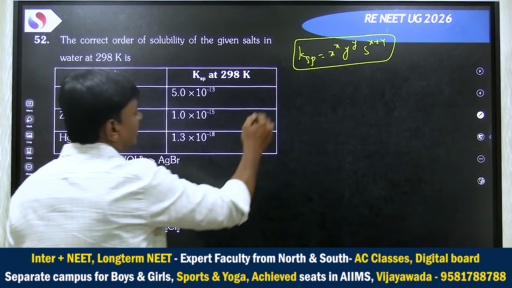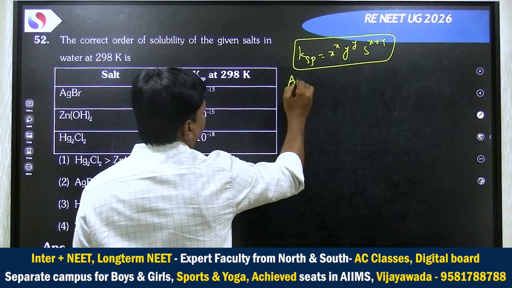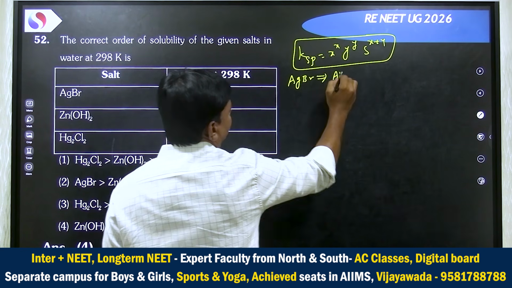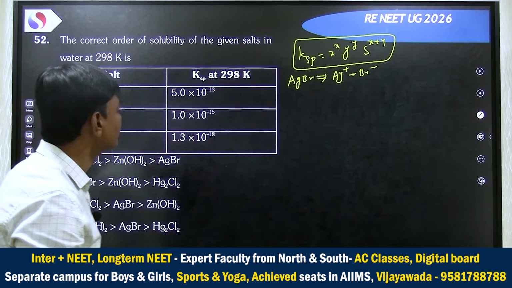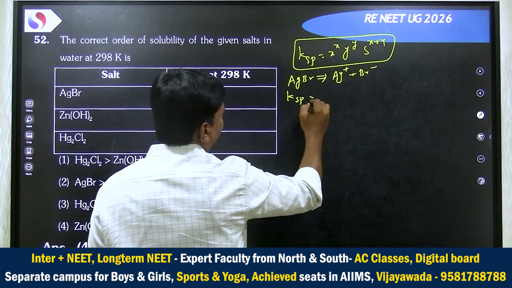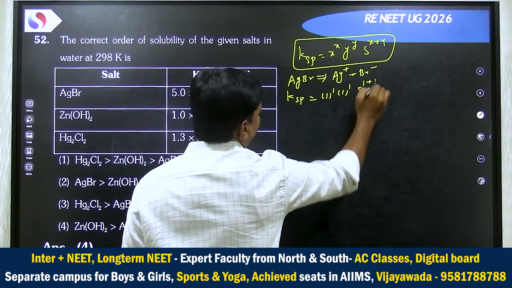So first we have to calculate the solubility of AgBr. AgBr is a 1:1 ratio. Then we get Ag plus and Br minus, it is a 1:1 ratio. Ksp is equal to 1 to the power 1, 1 to the power 1, s to the power 1 plus 1.